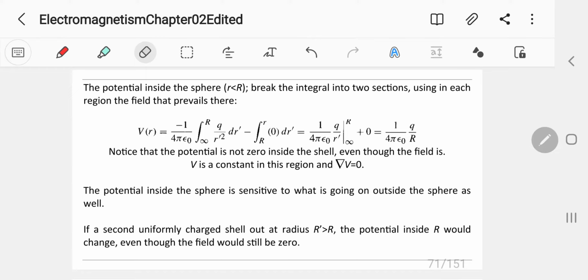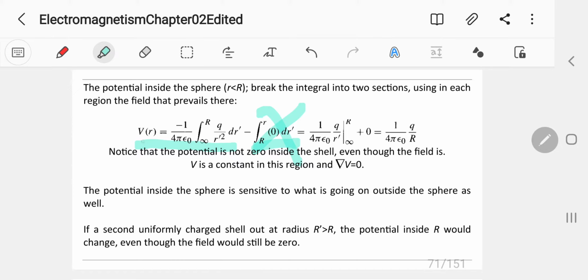First is from infinity to R at the surface, and then from the surface, radius R, to r, where the small r is smaller than the big R. Outside the surface, the electric field is not 0, but inside you have 0, so that second integral is 0.